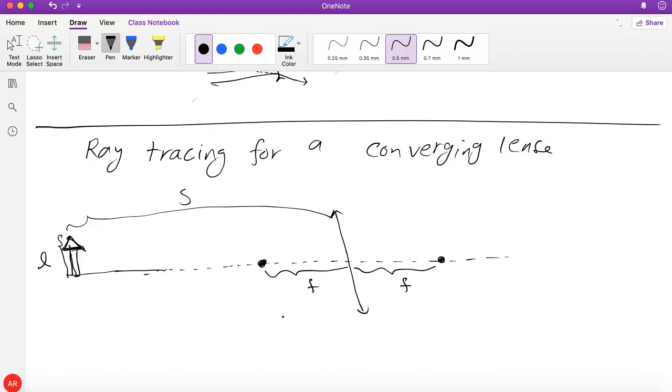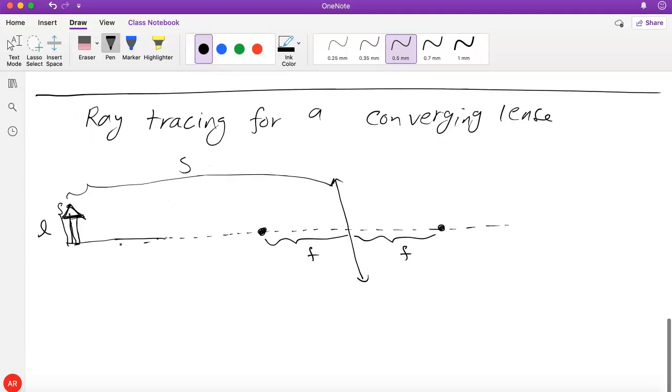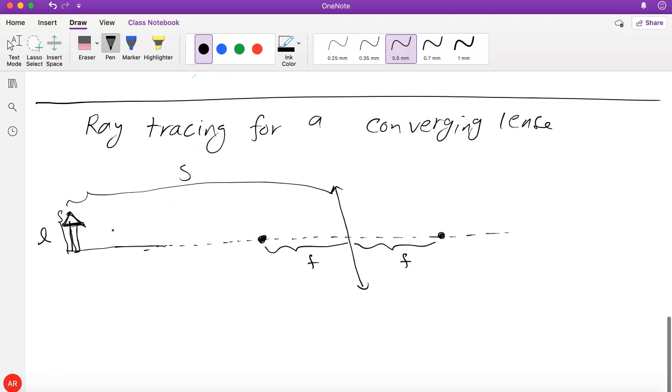All right, so assuming that every point, again, gives a sharp point-like image, let me just draw two rays which I know how they behave. So one ray goes parallel to the axis, hits the lens, then it bends and goes through the focal point on the other side.